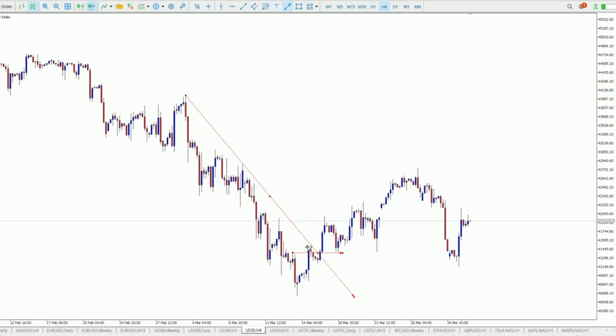Then, as the market broke out here, we have a break of structure, and then the market comes back. Now look where the market is coming back to. Same place it broke out of. And then going up.